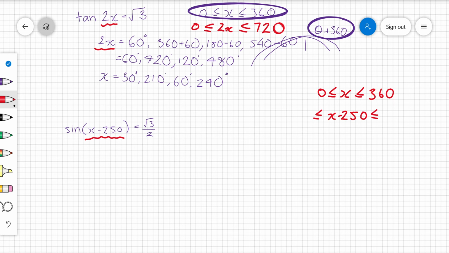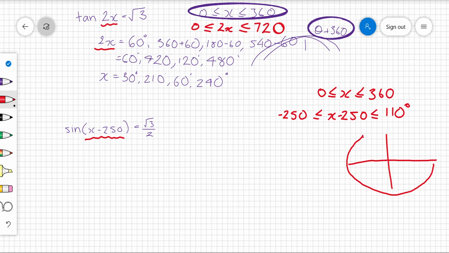So we've got 0 take away 250, a weird number, and we've got our 360 minus 250, so we've got 110 degrees here. So we're going around our unit circle. We're going to go all the way around negatively from 0, minus 90, minus 180, up to minus 250. So somewhere here in the negatives.